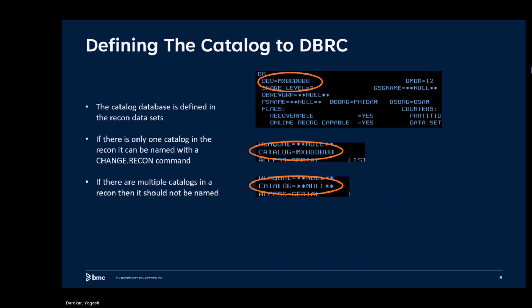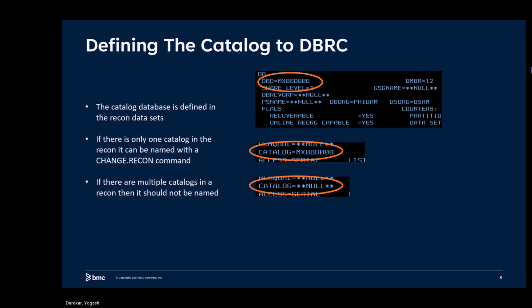The unique thing about the catalog dataset, as we mentioned before, is that it is a PHIDAM. It is the only HALDB that doesn't have to be defined in DBRC. However, it is still recommended to do so. Here's an example of us defining an alias in DBRC, and some examples of what the name is.